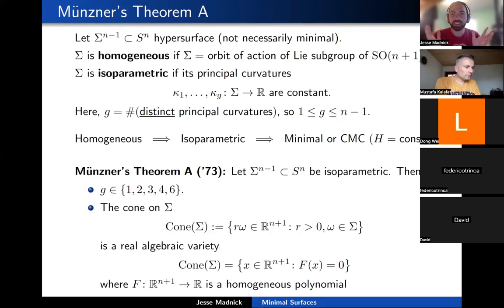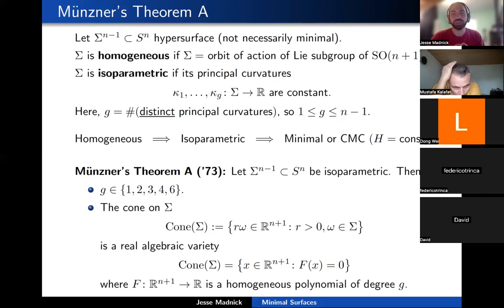It's cut out by a homogeneous polynomial that we're going to call F. This is now known as the Cartan-Münzner polynomial. And maybe the most striking thing about this polynomial is its degree. The degree of this polynomial is equal to g, the number of distinct principal curvatures of the link. So this polynomial F can either have degree 1, 2, 3, 4, or 6. Kind of amazing, really.